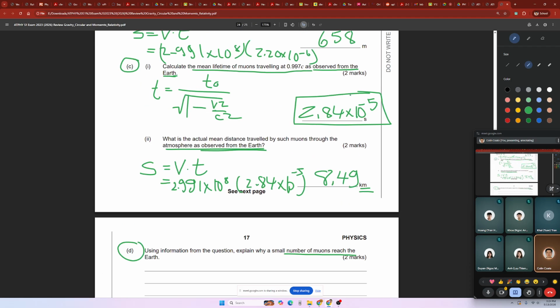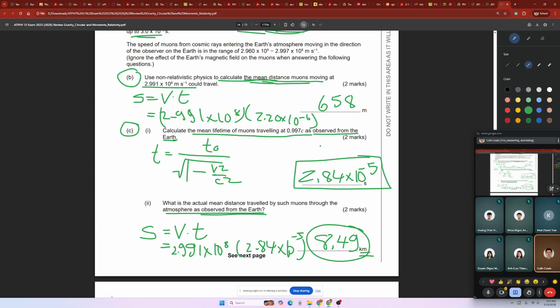if we look at how far they can travel according to our observation on Earth and compare that to how far they travel in their own frame of reference, there's a huge difference. Yeah?